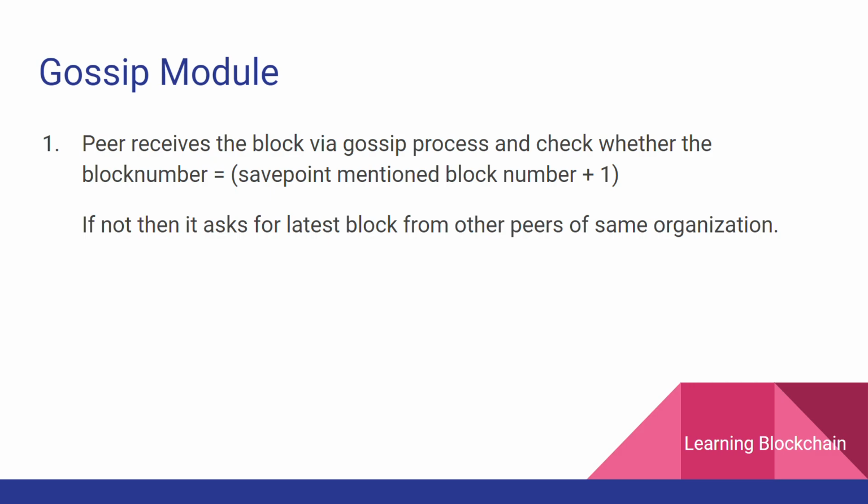So suppose the orderer gives the block, or the peer receives the block from another peer, then the first thing they check is whether that particular block is the latest block or not. If it is not, then they fetch the blocks from the other peers of the same organization. So this is the first level that the peer checks for the recovery mechanism.